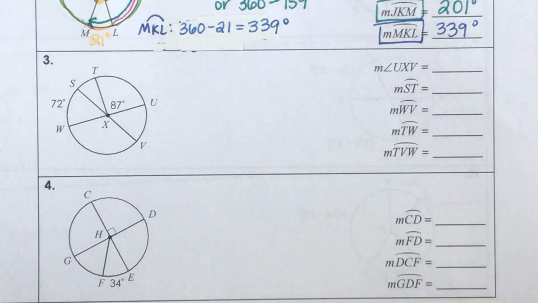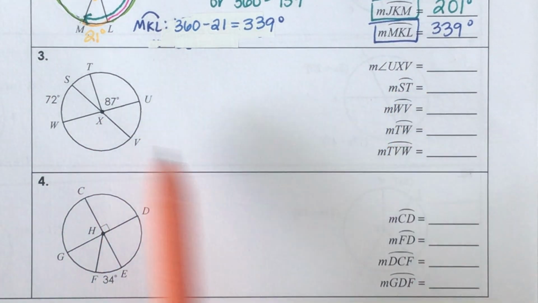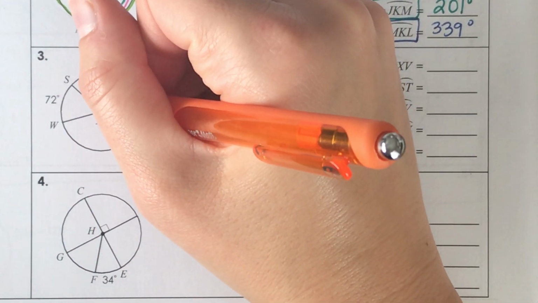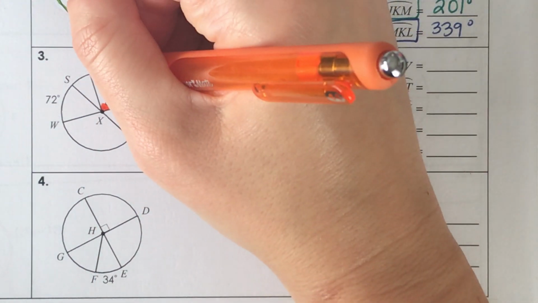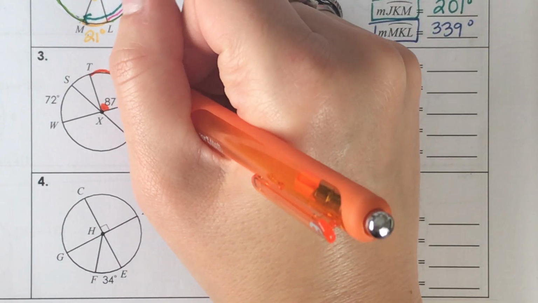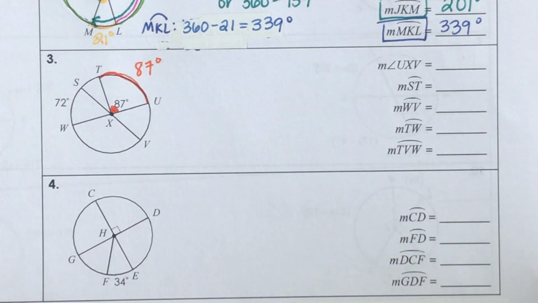Number 3. All right, first thing I see, before I even look over here, is I've got an 87 degrees right here. This little piece is 87. That must mean that from T to U is also 87 degrees, right?